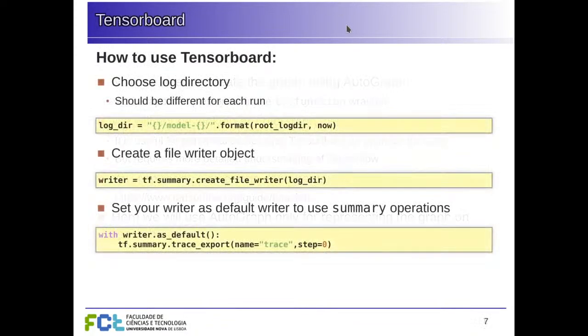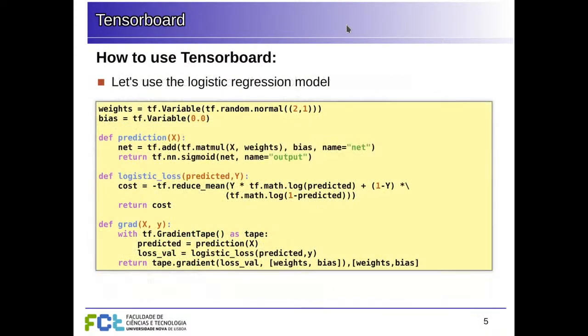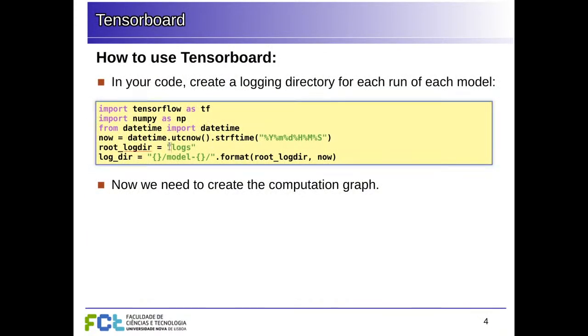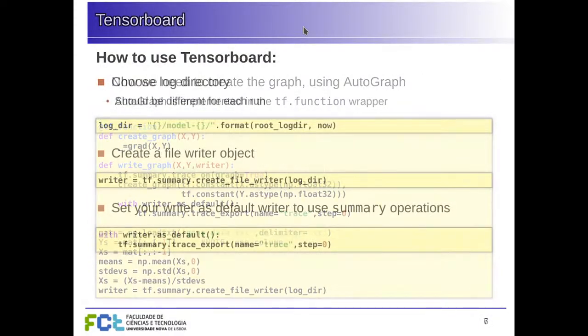So in this case, I created this logs subfolder, and in this folder I'm going to create several folders for all the runs. So this logs folder is the logdir that I have to give to TensorBoard, and TensorBoard will look inside that to see the different folders for all the different runs, and I can select them and examine them and so on.